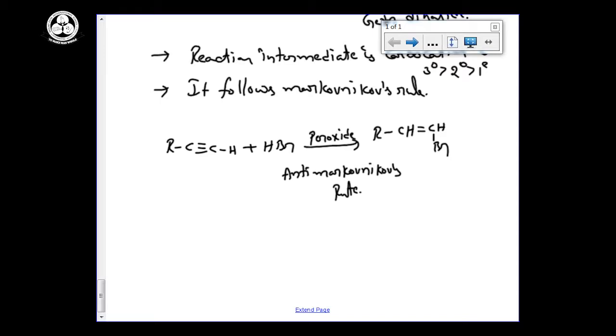I explained many examples in alkenes. If you want, see in alkenes. Here also there is a problem. If 2 moles of hydrogen halide are added to the alkyne, suppose I give the compound, you can let me know the answer.